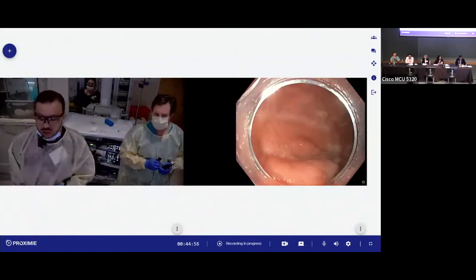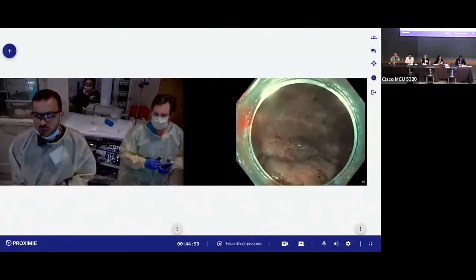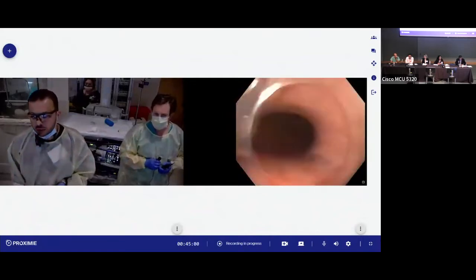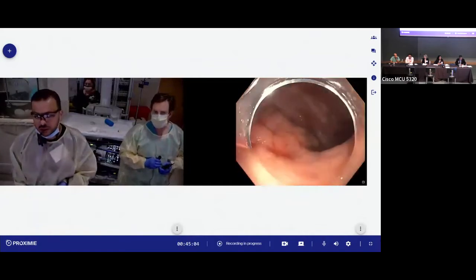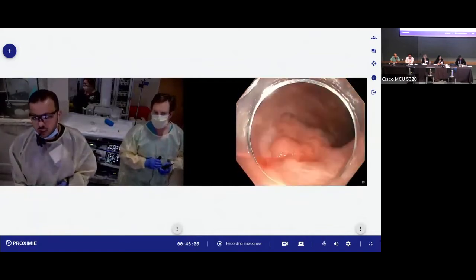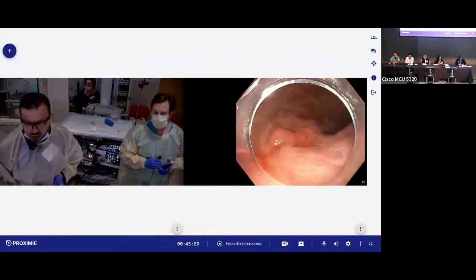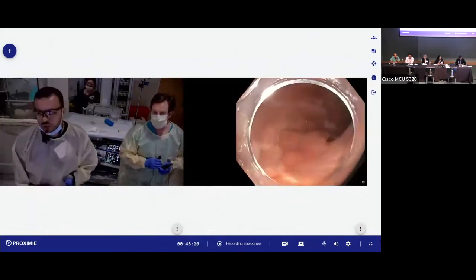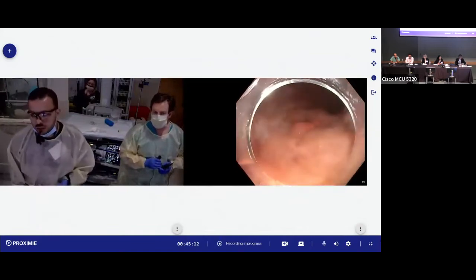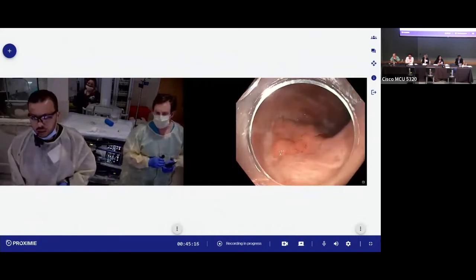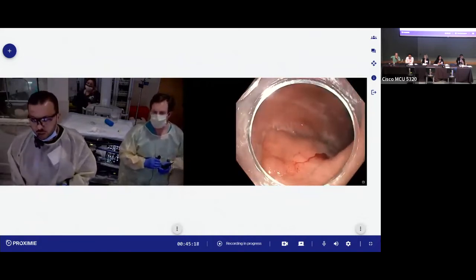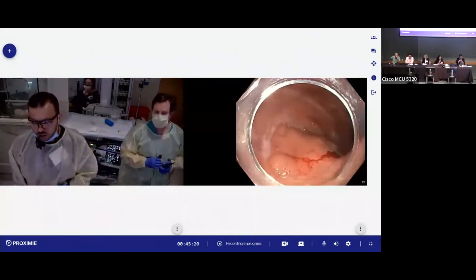But we came to the rectum here and just about 7 centimeter from the anal verge, we see this sessile lesion. And we talked yesterday in the lecture how to evaluate these superficial colonic neoplasia. So this is what we would call 1S lesion or sessile.